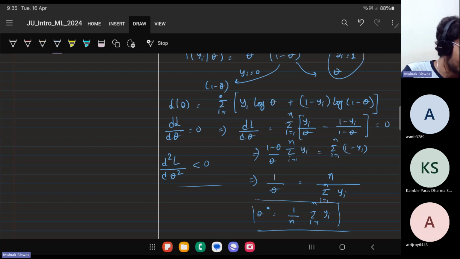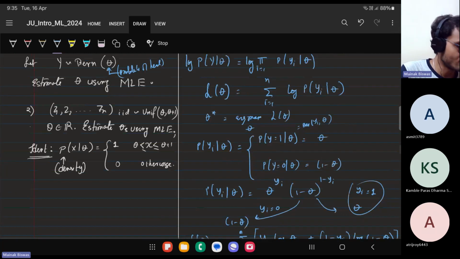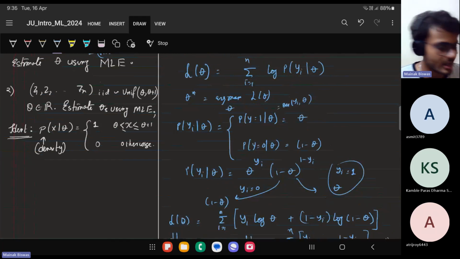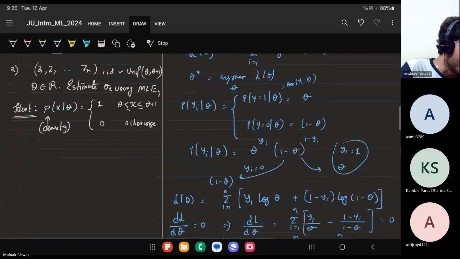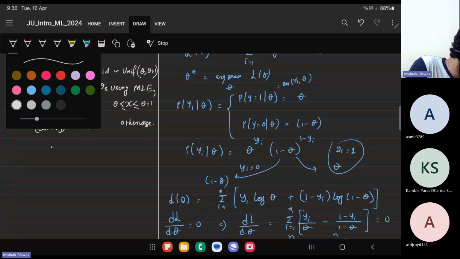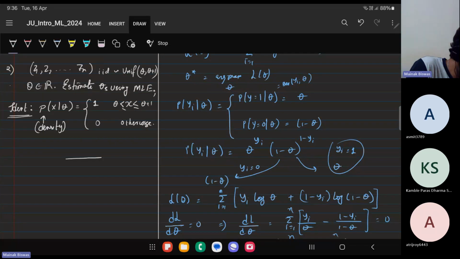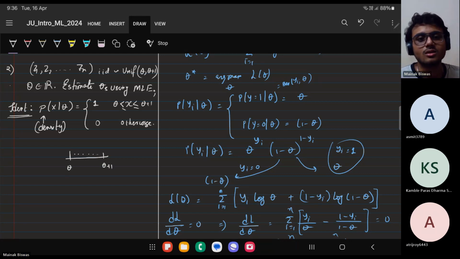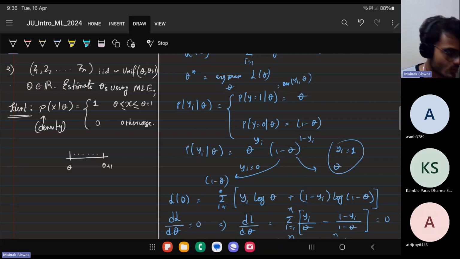Good. So let us take another example, this time without taking a derivative. You are told that the zi's, again the 1D case, are uniform between theta and theta plus 1.